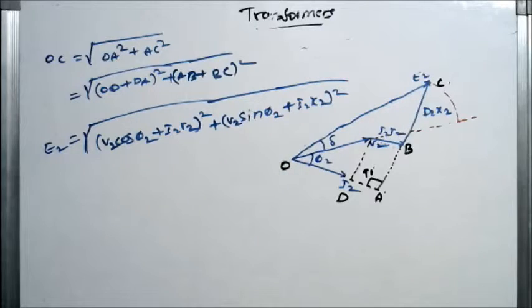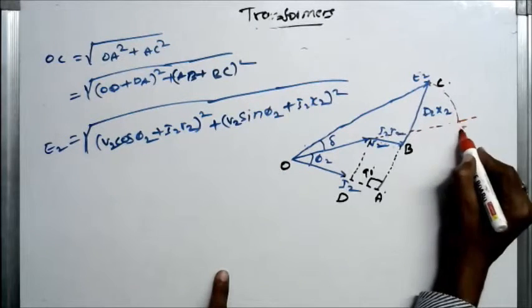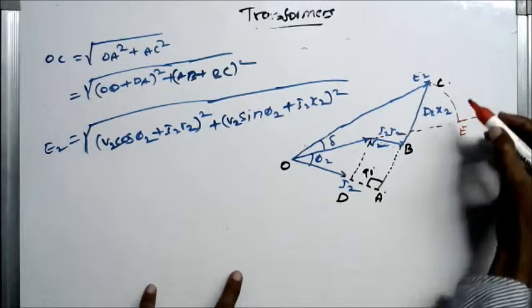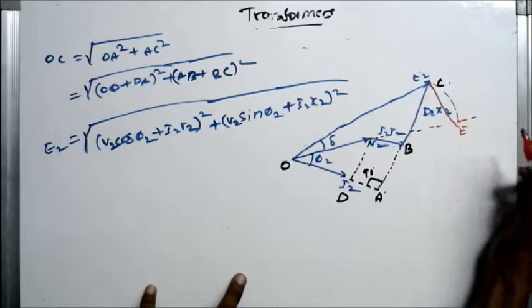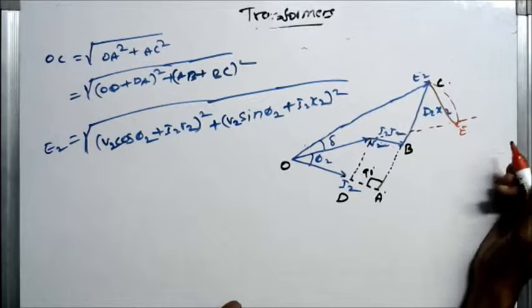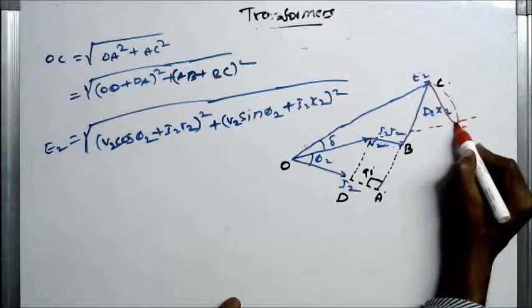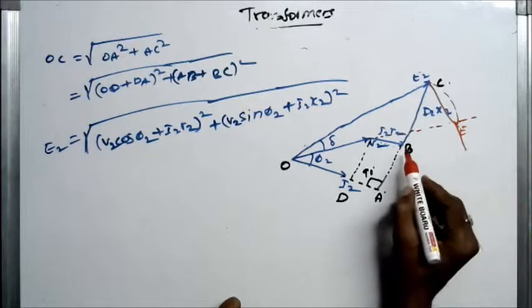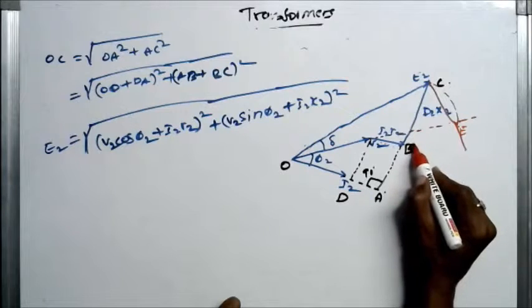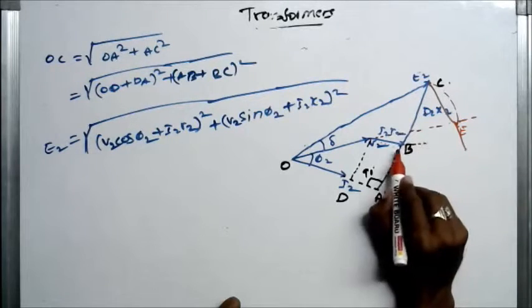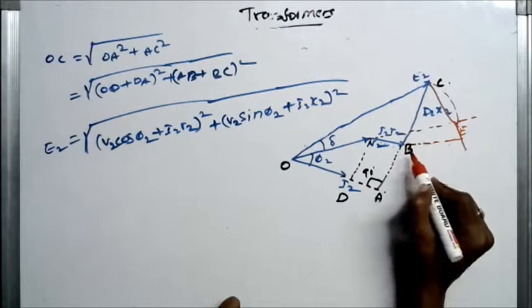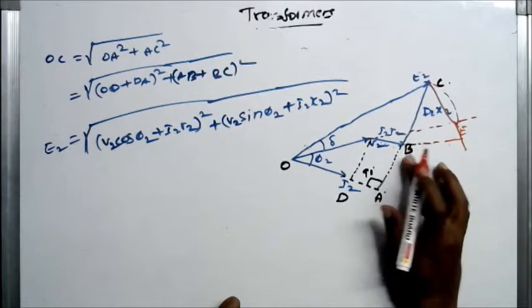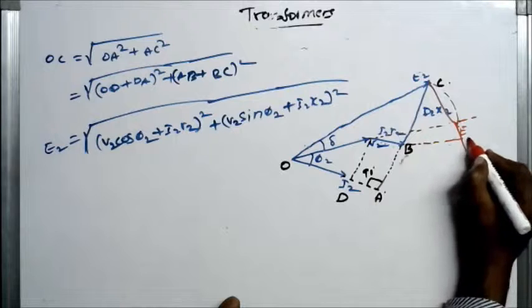This will touch at E. Draw a chord at E and extend this chord until this line, meaning drawing EF.